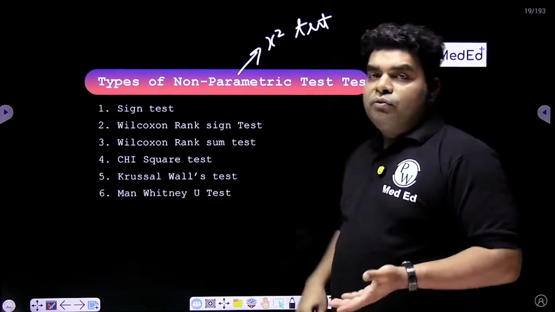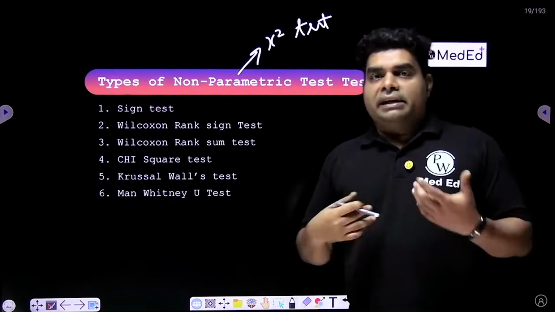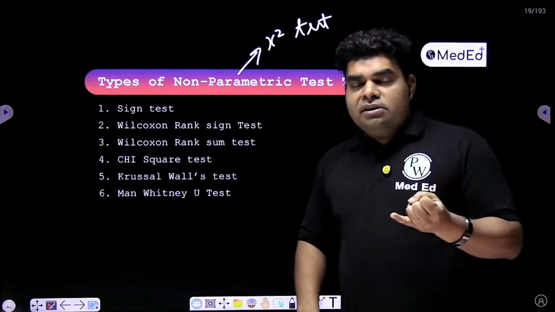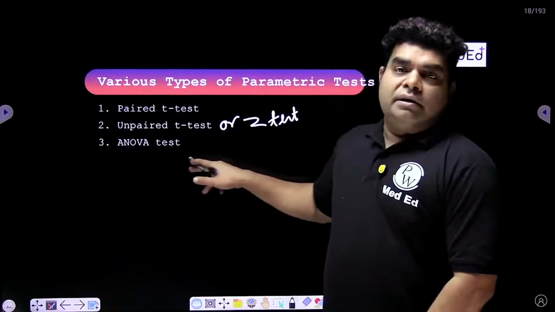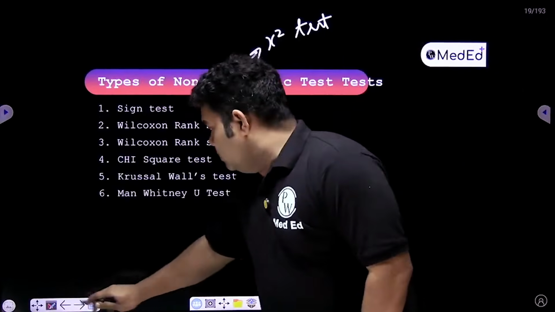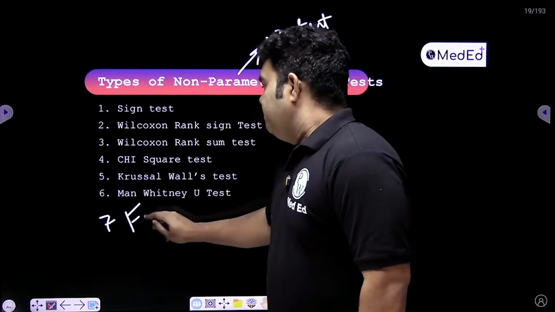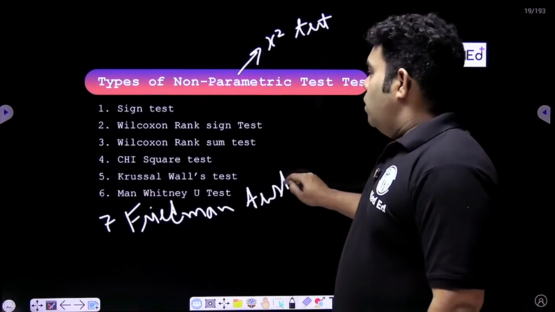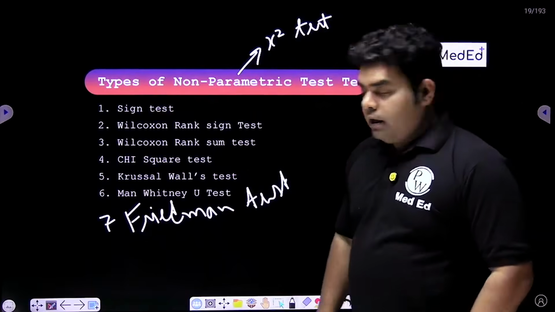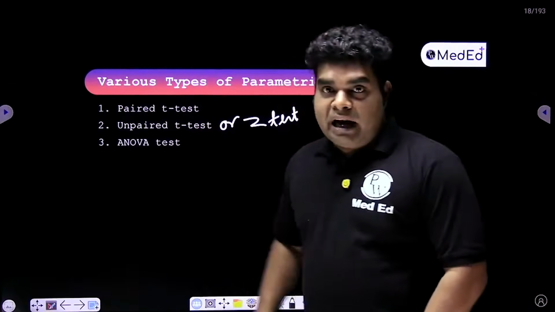Once they ask which of the following is a non-parametric test, options are Friedman test, paired, unpaired, or Z test. Of course, paired, unpaired, Z test are all parametric, and this Friedman test becomes non-parametric. So these all tests are non-parametric, and only 4 tests are parametric.